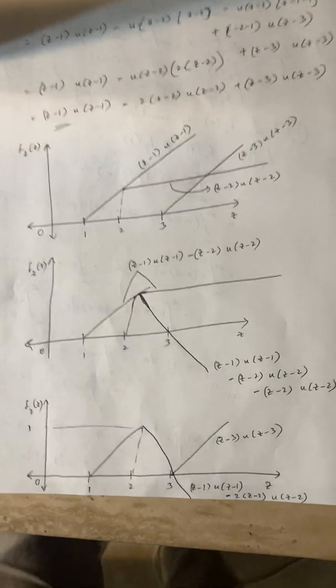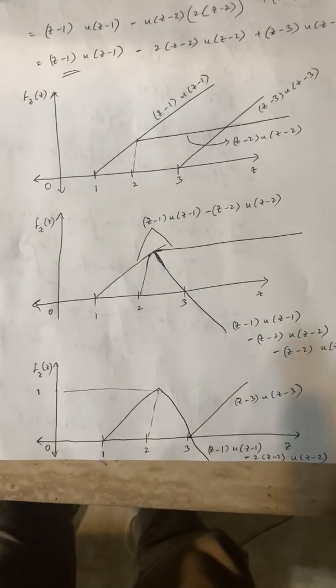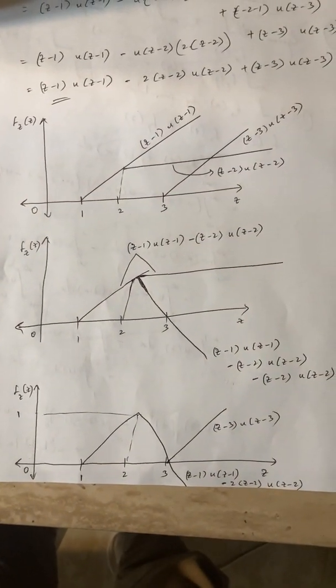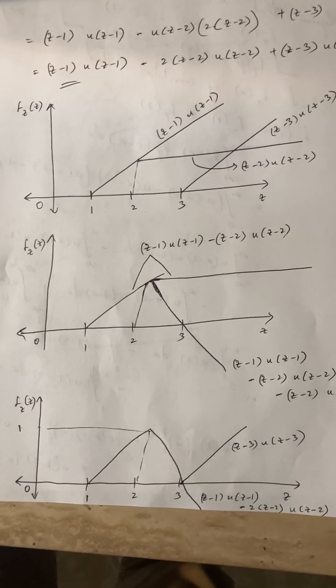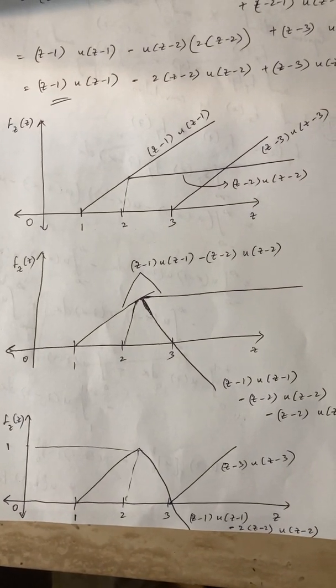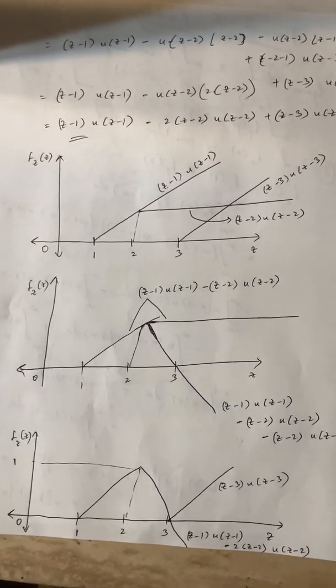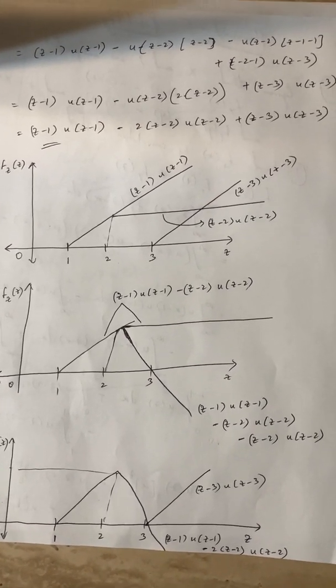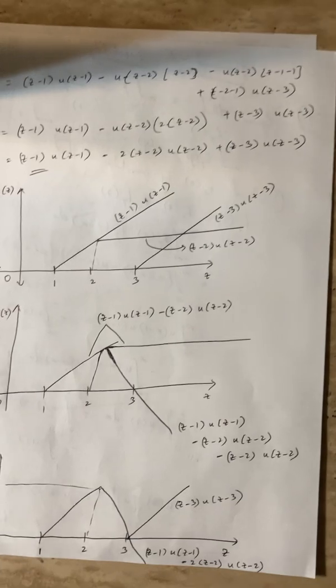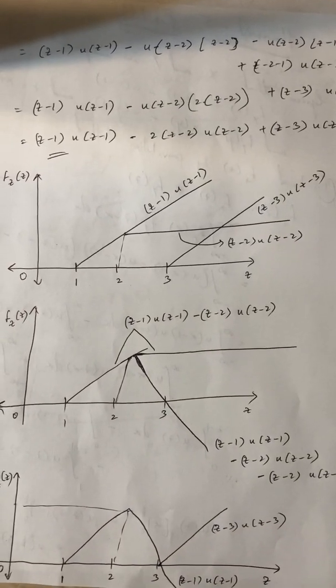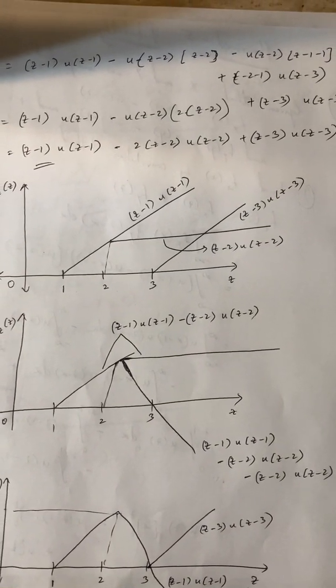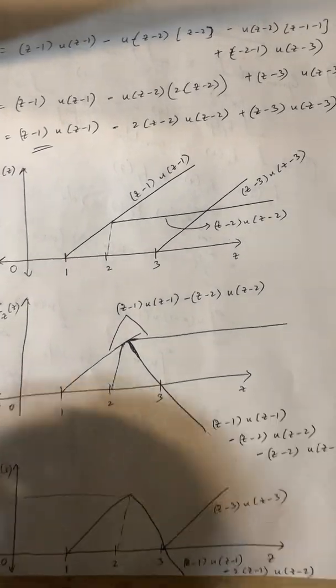So let us look at how I did the graph. Here I have drawn the graph by simply drawing z minus 1 u of z minus 1 as a line. Similarly, I've drawn z minus 3 u of z minus 3 as a line, and also z minus 2 u of z minus 2 as a horizontal line here.